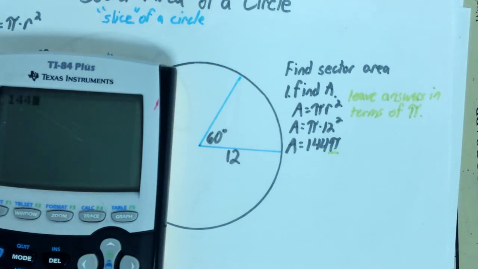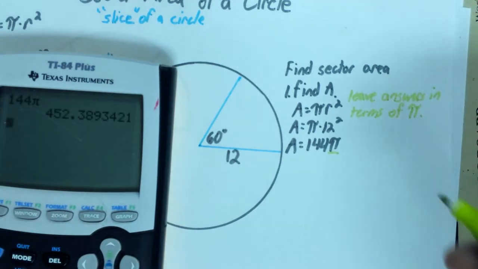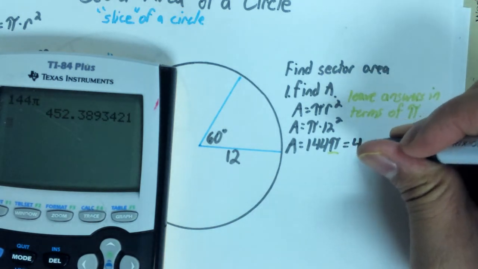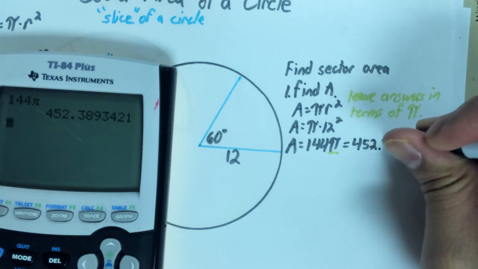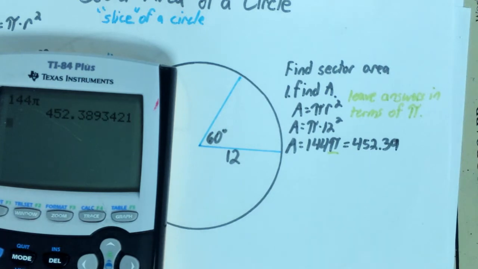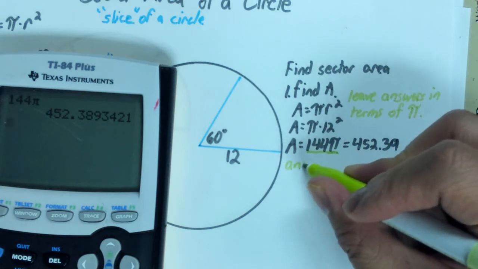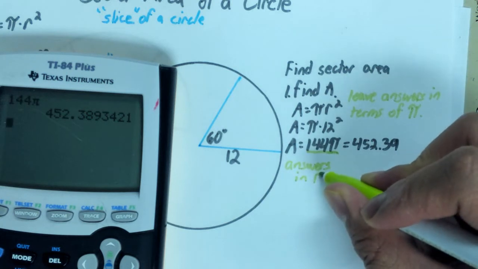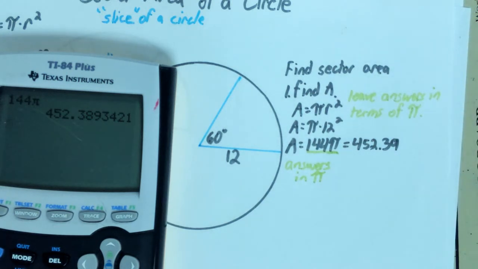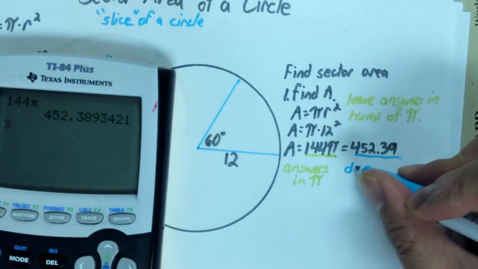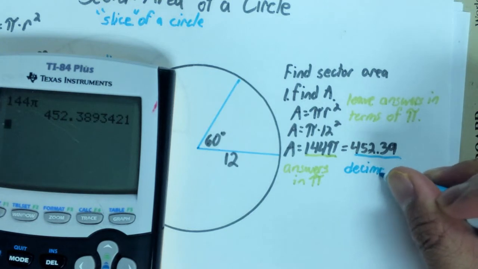So over here, 144 pi is the same as 452.39. Over here in green, answers in pi. Over here in blue, this is what we call our decimal answer, or our rounded answer, approximate answer.